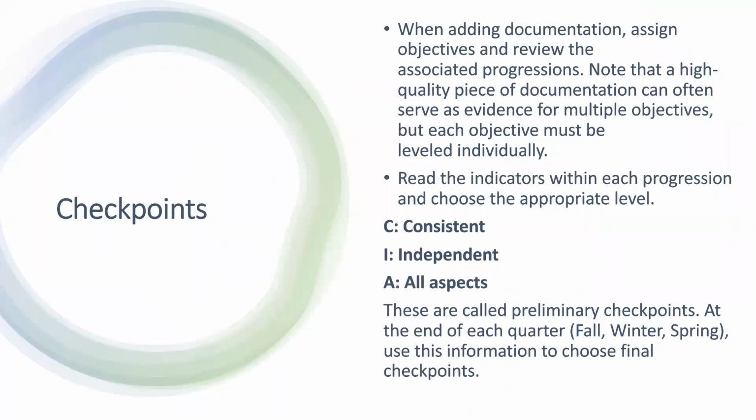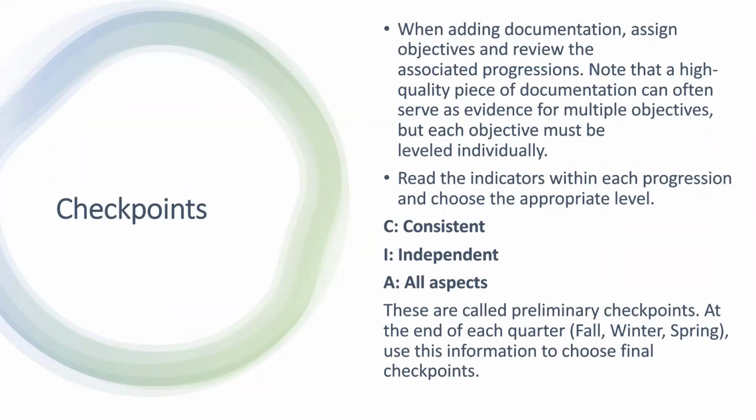When you add documentation, you will assign objectives and then review the associated progressions with those objectives. Remember that a high-quality piece of documentation can often serve as evidence for multiple objectives, and so each objective will need to be leveled with a checkpoint separately.